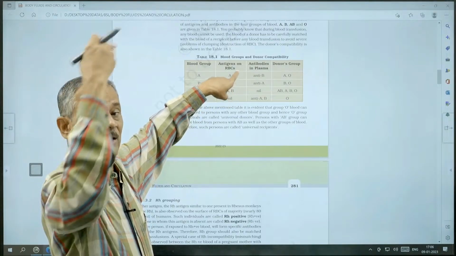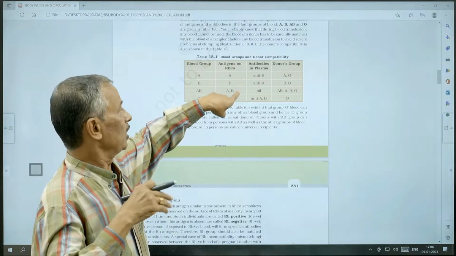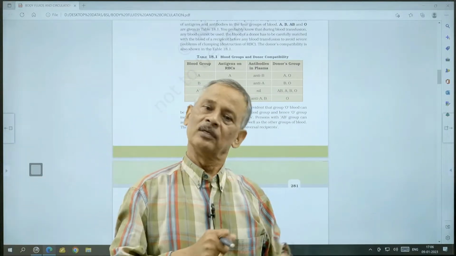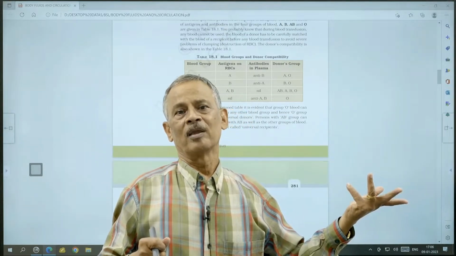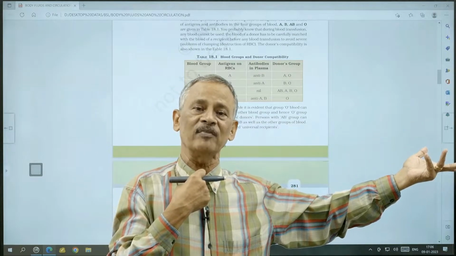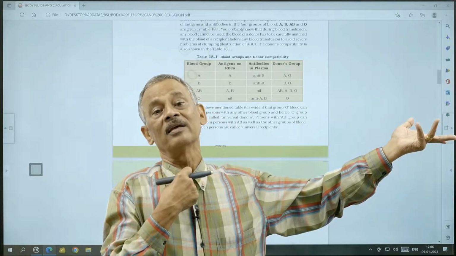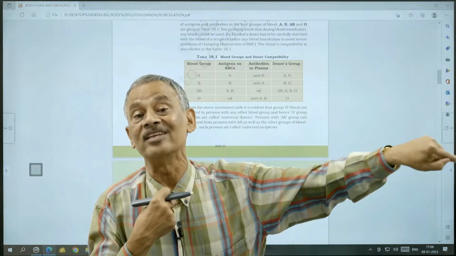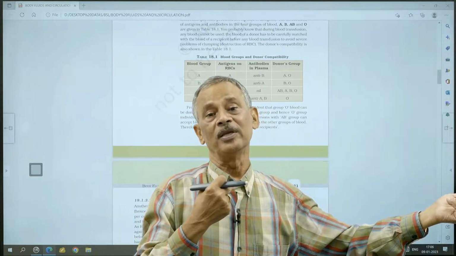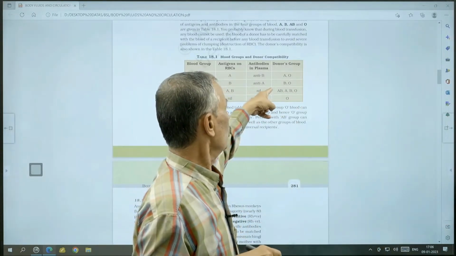So if I am donating blood, to whom can I donate? I can donate to A, because my body is having A antigen, and another man is also having A antigen, and he is having only anti-B. I am having antigen A, he is having anti-B. So I can easily donate to A.